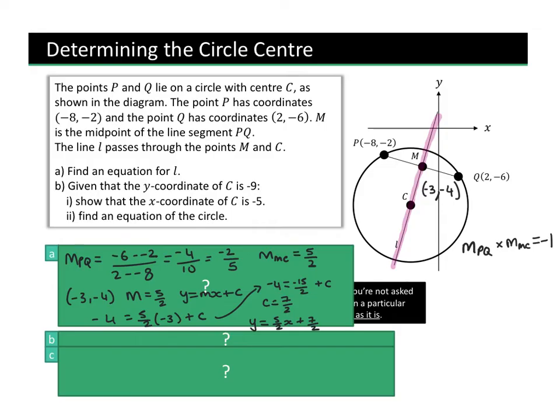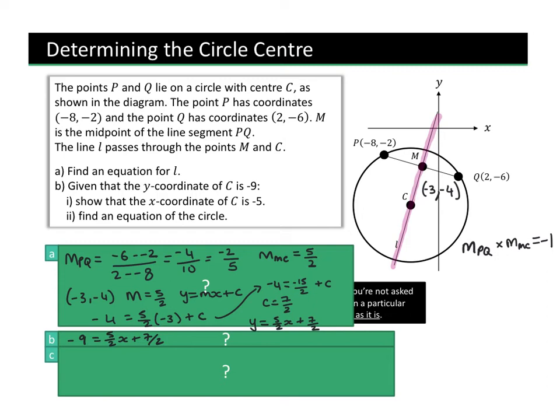Part B says, given the y-coordinate of C is minus 9, so it's told us that the y-coordinate of C is minus 9, find the x-coordinate. So we know then that if the coordinates of C lie on this purple line, we've just figured out the equation. So I can substitute in y equals minus 9 into 5 over 2x plus 7 over 2.